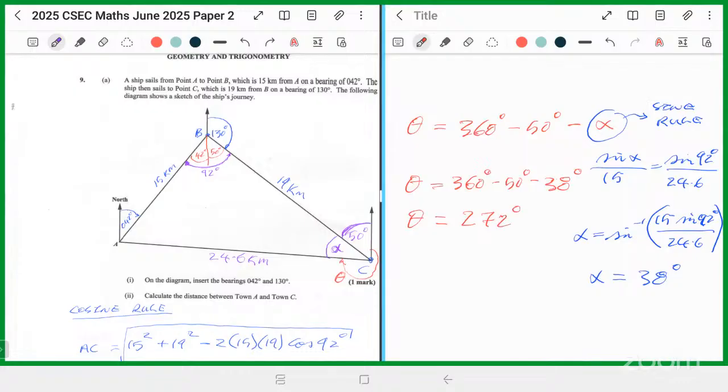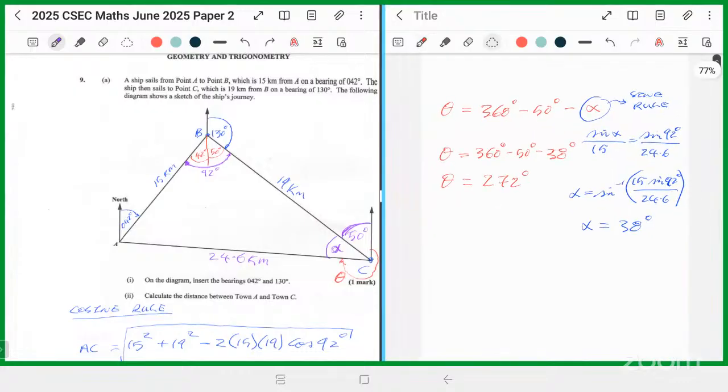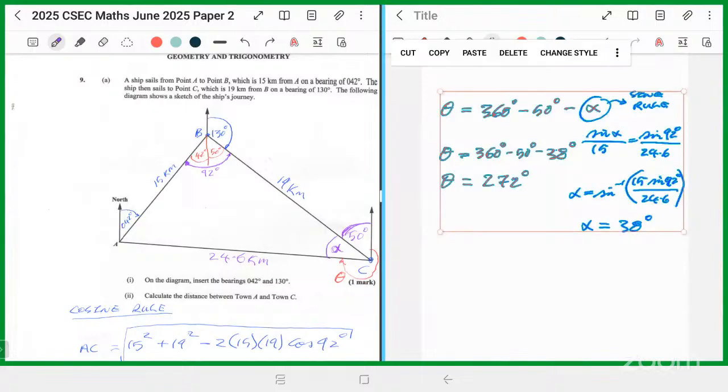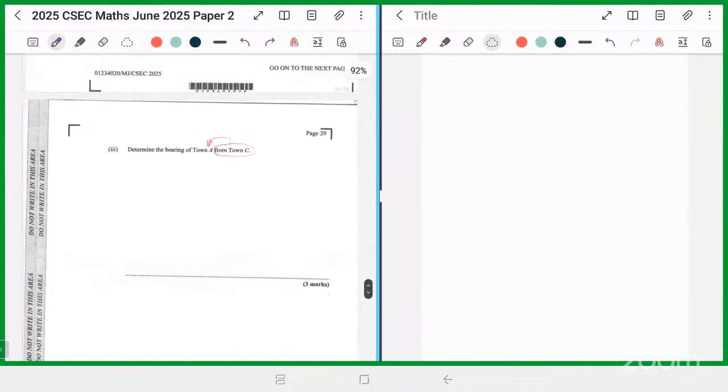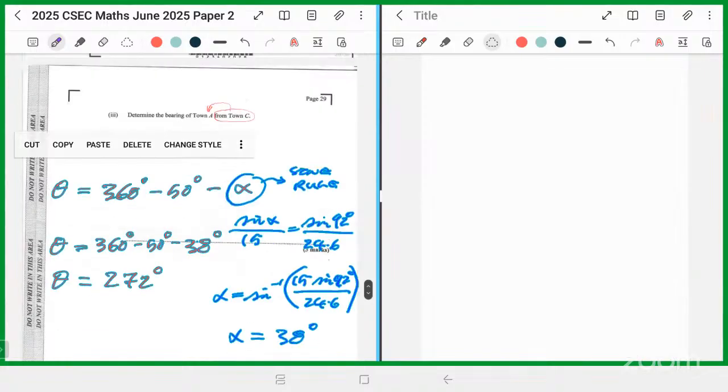That's not the only way to do it, but that's a good enough way. Let's copy this over and paste it inside here.